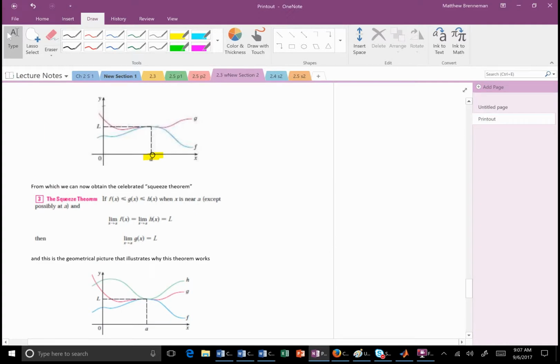And the squeeze theorem is sometimes called the sandwich theorem. It's called both, and there's a nice reason why. So here's the situation. Now we have this function g we're interested in. So what I'm interested in is the limit as x approaches a of g. This is what I want.